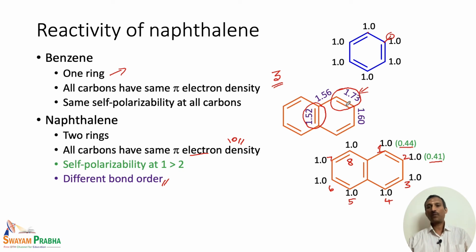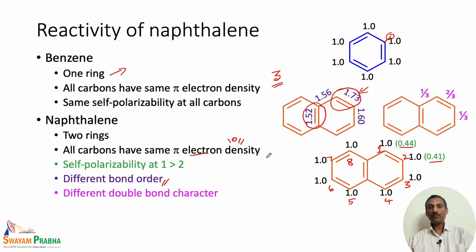In other words, these two carbons can undergo reactions at a much faster rate compared to the rest of the molecule. To understand how they are going to react, we need to know the electron density and the polarizability at that particular carbon.